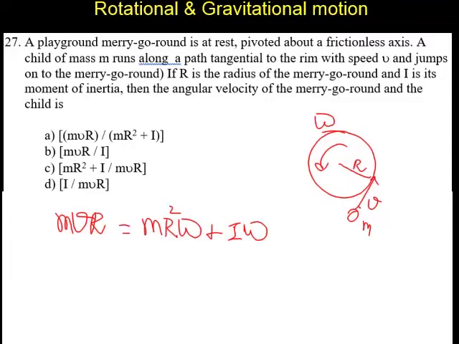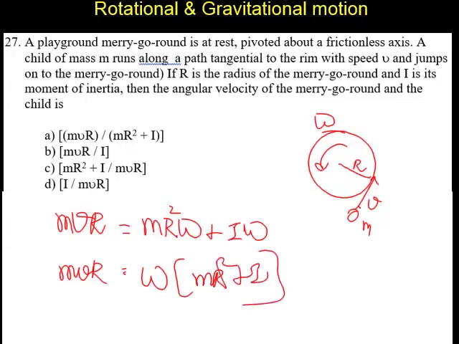We want to calculate the omega, isn't it? So mvr is equal to m r square omega plus I omega. Omega can be taken outside, so mvr equals m r square plus I times omega.